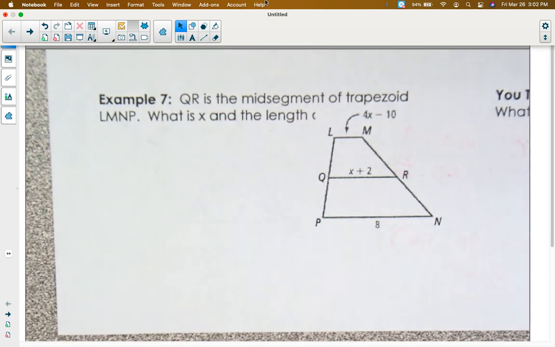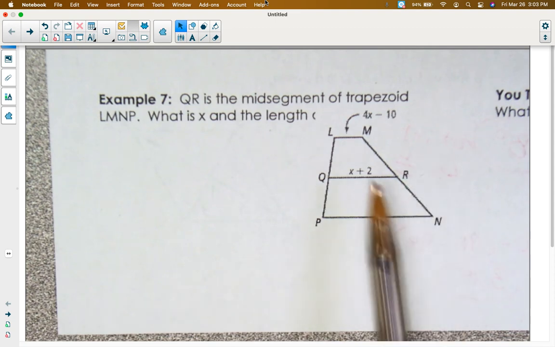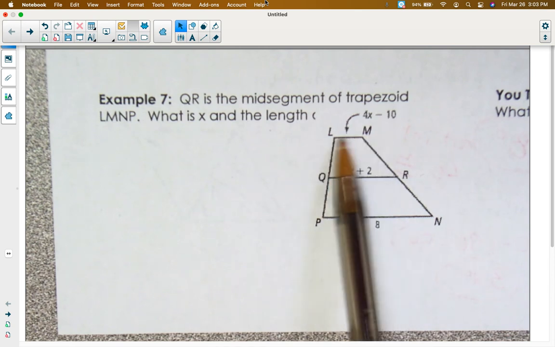Last one. QR is the mid segment of trapezoid LMNP. What is x and the length of the side down there at the bottom? So we're looking for side LM, so we're going to find the length of LM. The first thing I'm going to do: I know this top section is 4x minus 10.